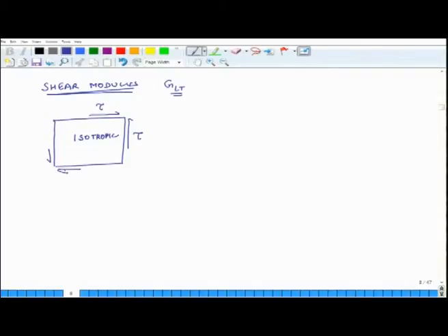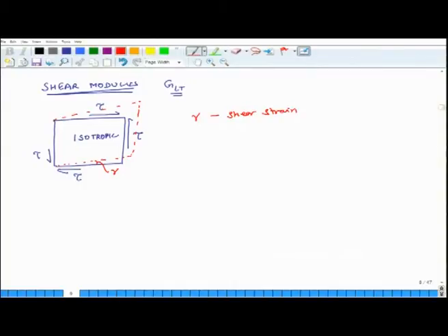Okay. And when I apply this shear stress, this is its deformed shape, it deforms in this kind of a way, and this angle which was originally 90 degrees, it does not remain 90 degrees. So, there is some change in angle, and let us call it gamma. This gamma is the shear strain.